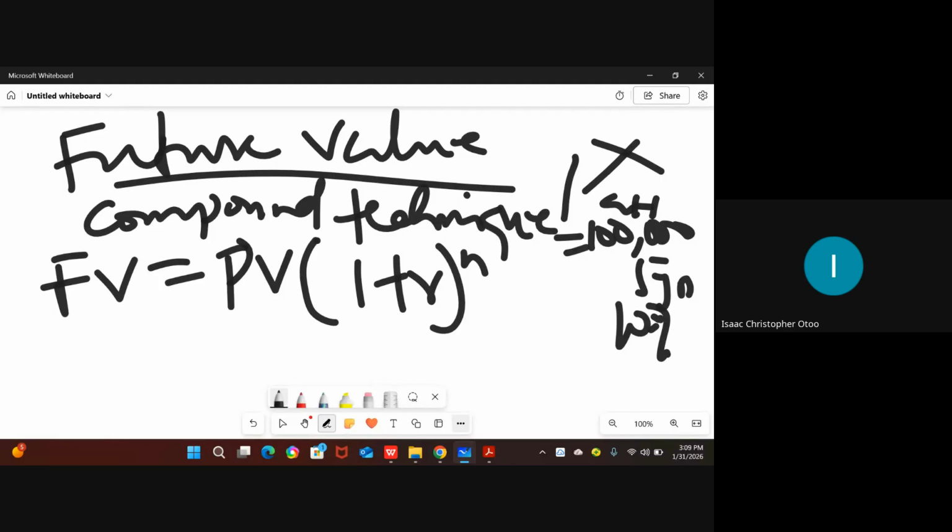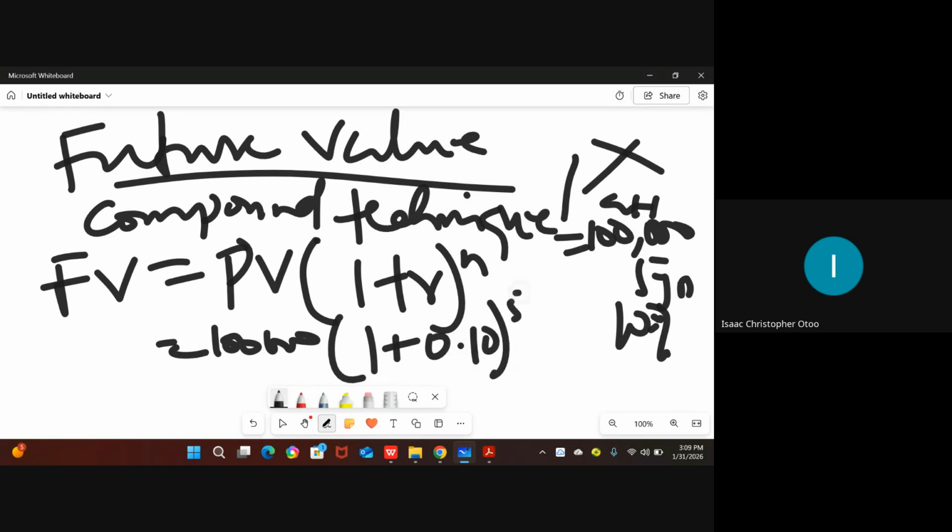Here, the present value is 100,000. So it is equal to 100,000 into bracket 1 plus 0.1 to the power 5 years.